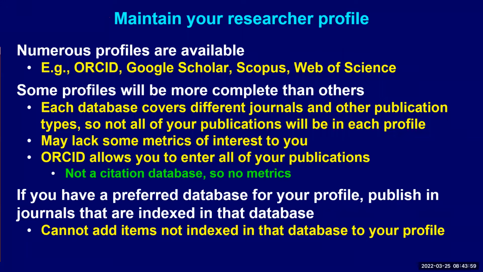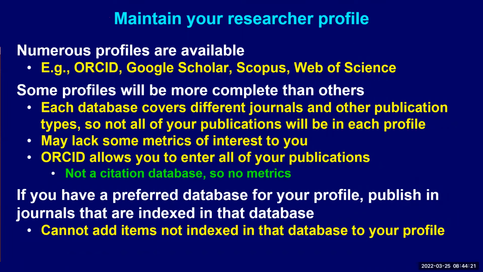And then as the number of your publications increases, you need to keep track of them. There are multiple researcher profiles available to do that. They all draw their information from different databases, so not all of your publications are going to be covered in each profile.